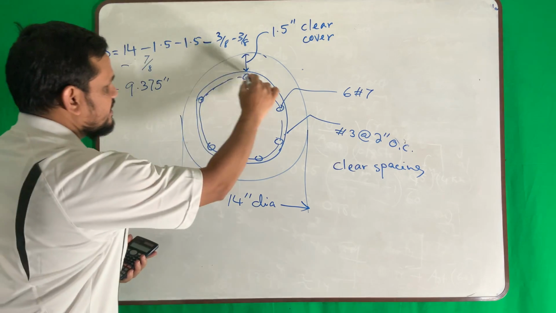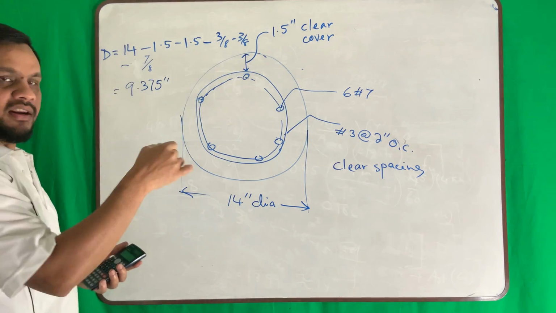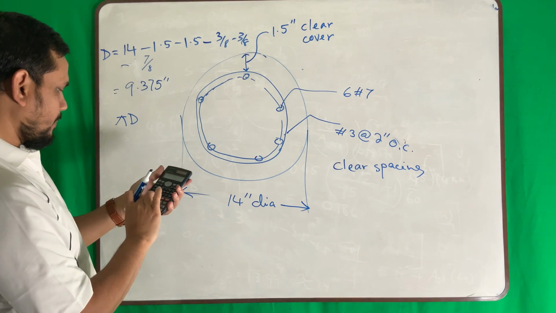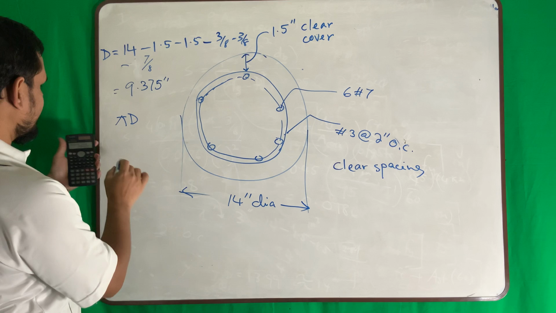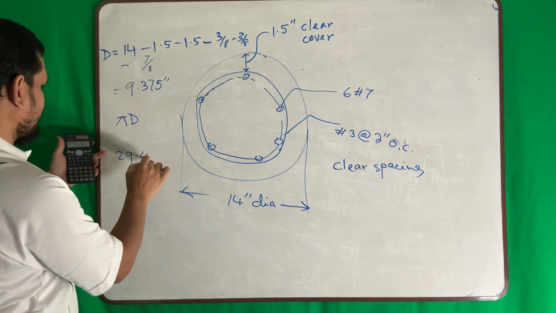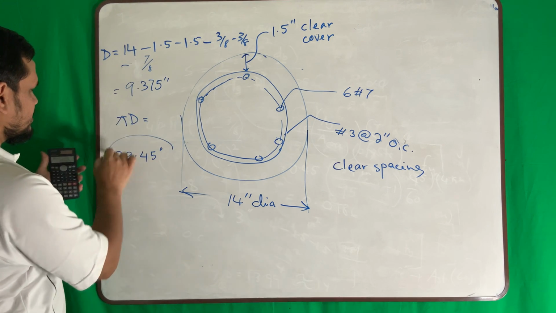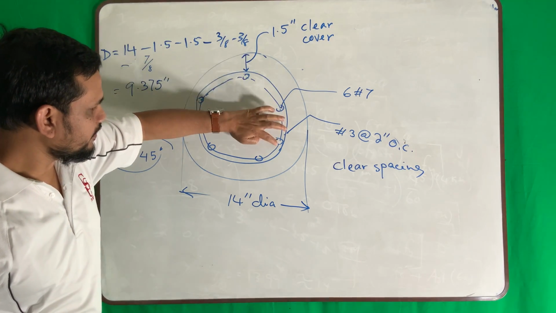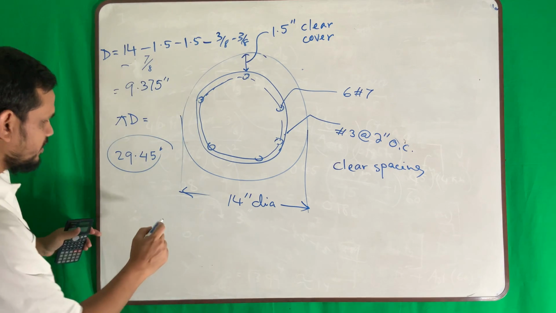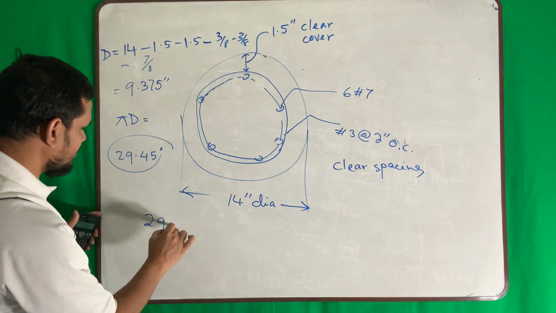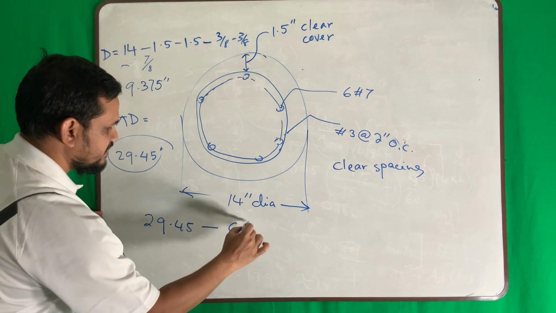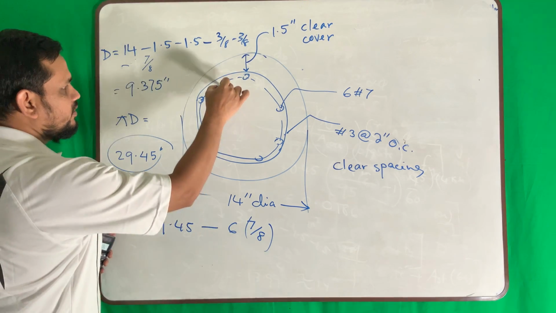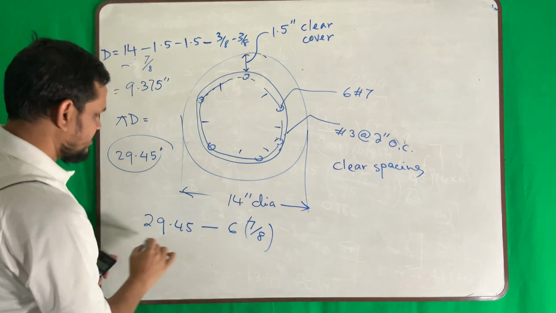Now let us see what this distance is. This distance is the perimeter, so pi d, that is 29.45 inch. Now inside this, how many bars? 1, 2, 3, 4, 5, 6 bars. So 29.45 minus 6 bars, their diameter is 7/8. Then how many spaces? 1, 2, 3, 4, 5, 6, 6 spaces.